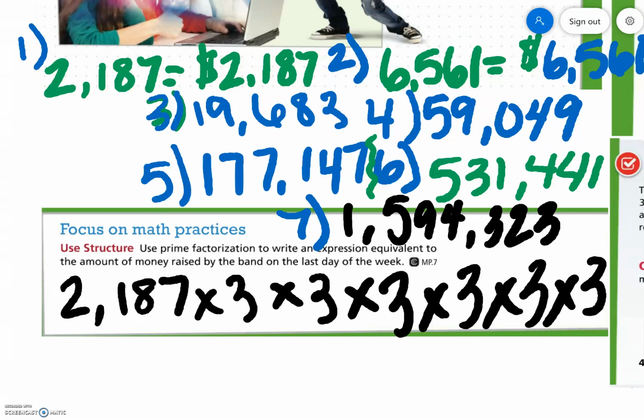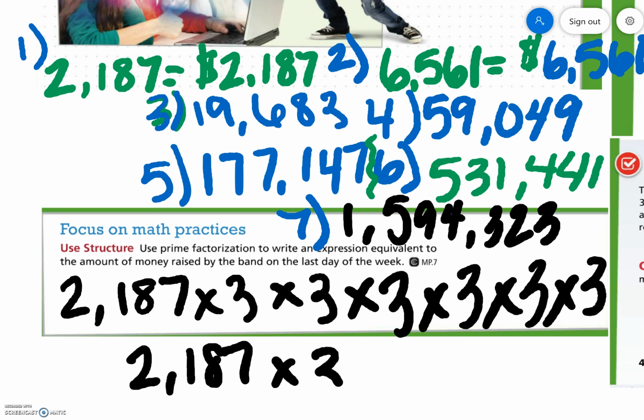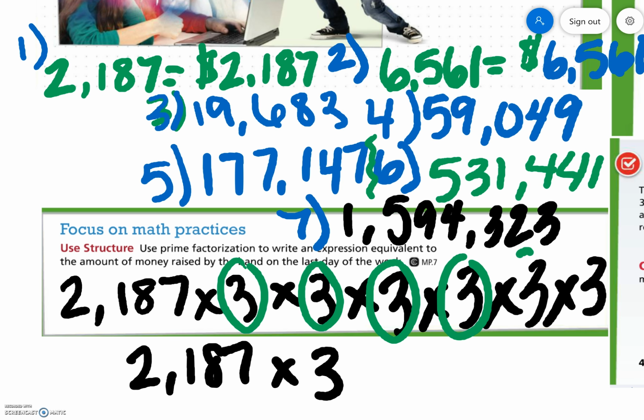So to write this nicer, talking about exponents, we have 2,187 times 3 raised to what power? Well, there's 1, 2, 3, 4, 5, 6 3s. So that means it's going to be 3 to the 6th power.